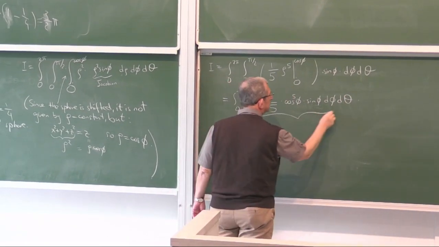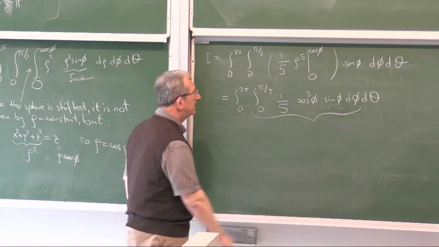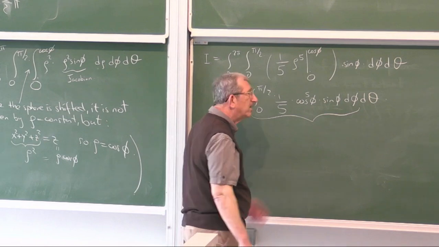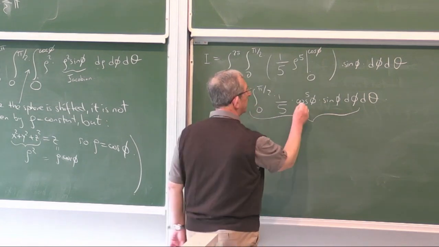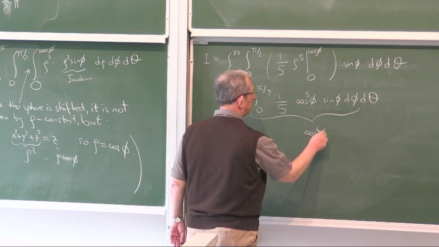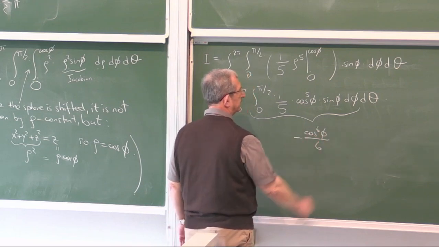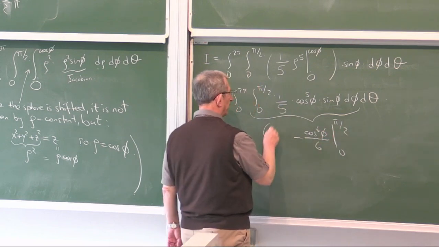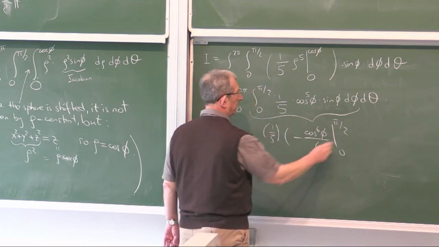But this is not difficult at all. It's because the derivative of cosine is sine phi with a minus sign. The integral would be cosine to the 6th of phi over 6 with a minus sign, 0 to pi over 2. Of course, we have 1 over 5 here.